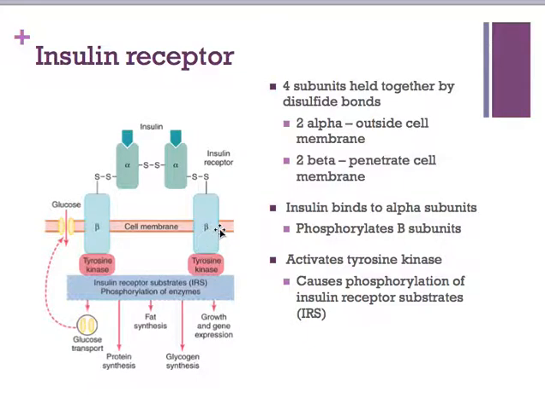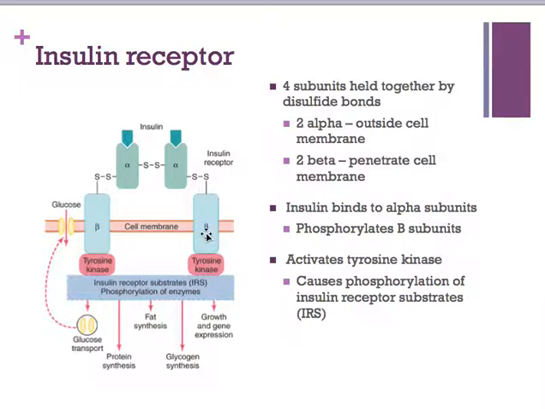Together it is created by 4 subunits held together by disulfide bonds. 2 are alpha, which reside outside of the cell membrane, and 2 are beta subunits. Those are proteins that traverse the cell membrane, so they're integral proteins. Insulin itself binds to the alpha subunits, which in turn phosphorylates the beta subunits.